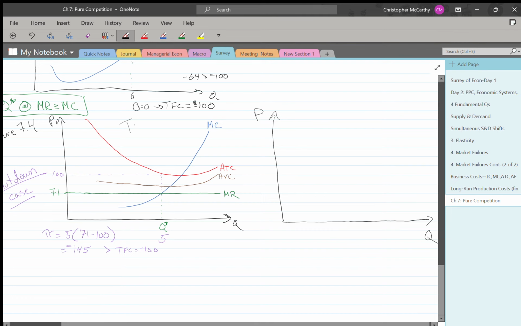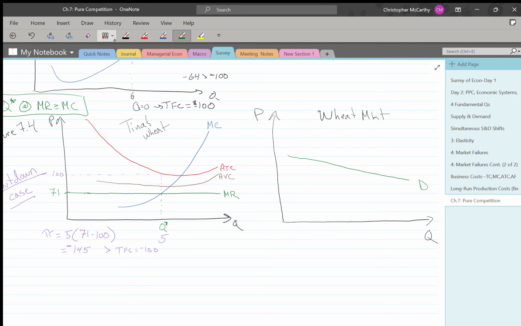If this is Tina's wheat, and this is the wheat market, we know that the wheat market still has a downward sloping demand. It might not be very downward sloping, but it still has a downward sloping demand. And we also know that the wheat market has an upward sloping supply curve.